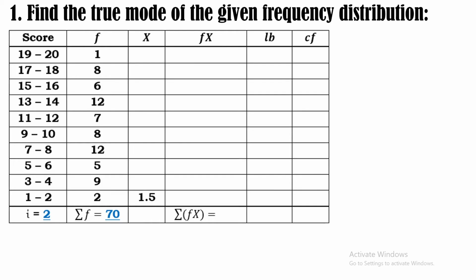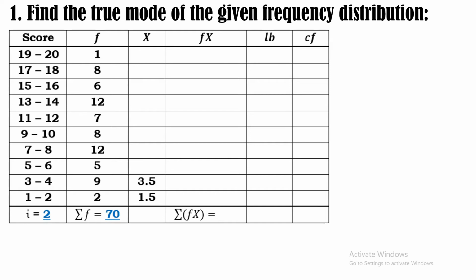Now for the class interval 3 to 4, we have 3 plus 4, that's 7, divided by 2 is 3.5. Now, to find the succeeding class marks, it would be easier if you use the class size.